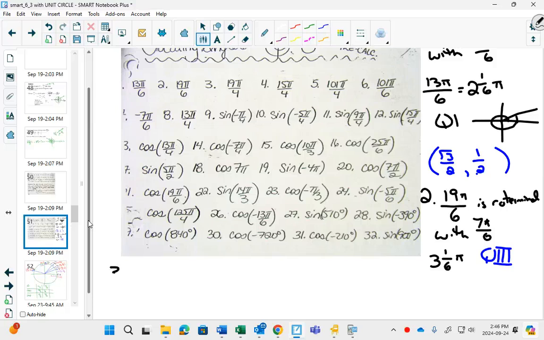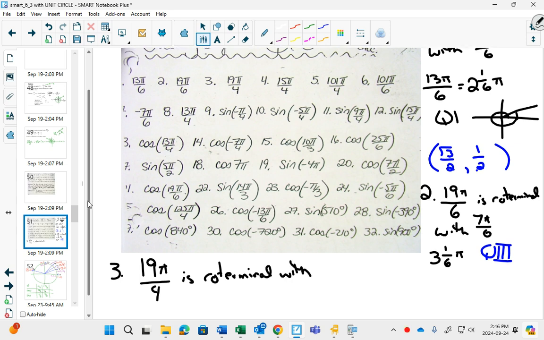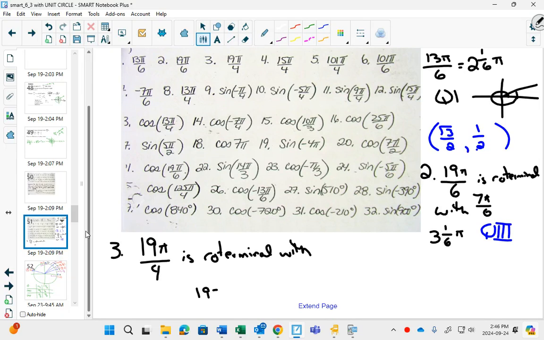Well, let's do one more. If you had 19 pi over 4, it would be coterminal with, well, 19 pi over 4 is 4 3/4 pi.